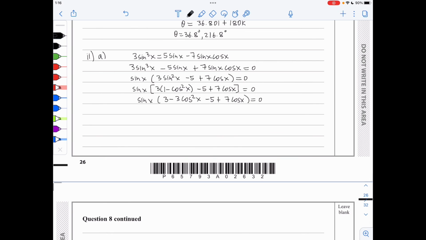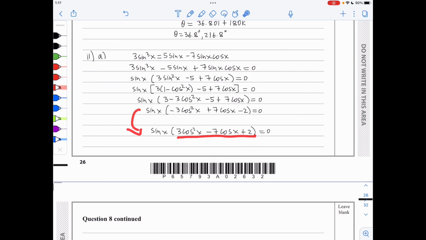And therefore we get that sine x times minus 3 cos squared x plus 7 cos x minus 2 is 0, and it actually makes sense to write this as sine x times 3 cos squared x minus 7 cos x plus 2, in order to have the quadratic in the bracket starting with a positive quadratic term.